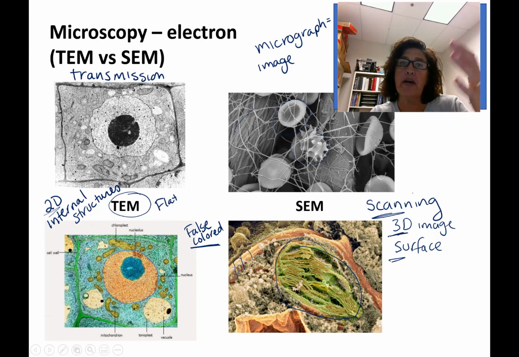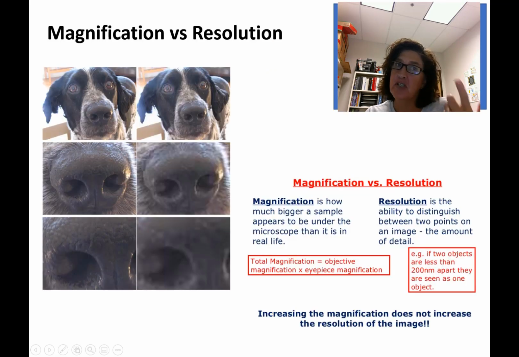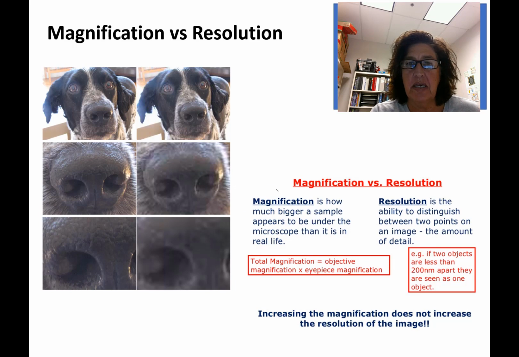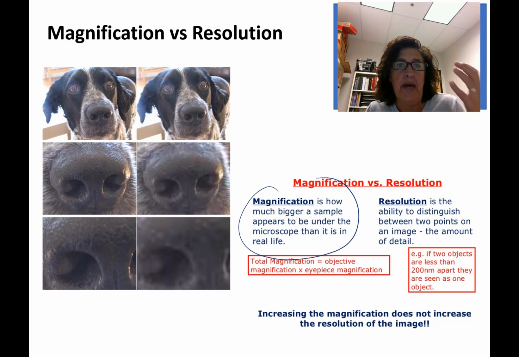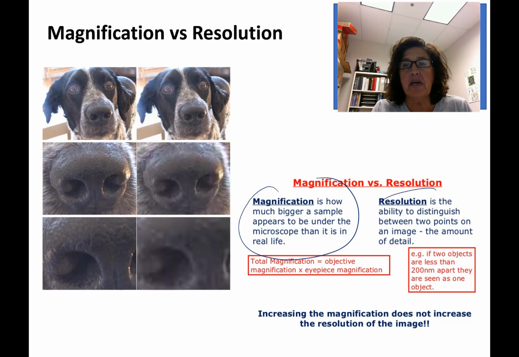This is a much greater magnification. So let's make sure you understand the difference between magnification and resolution. Magnification, as it says here, is how much bigger a sample appears than what it truly is. So we've magnified onto this dog's nose. Resolution is really about the detail.